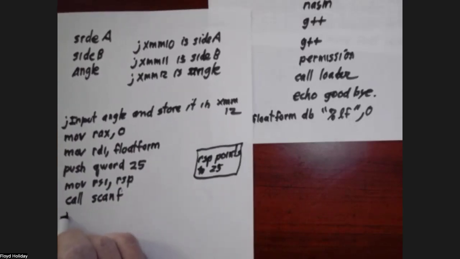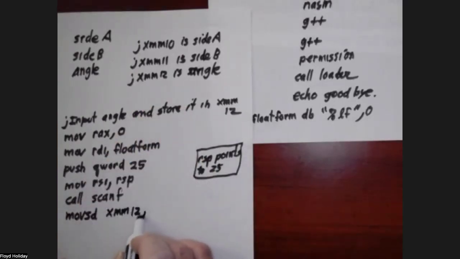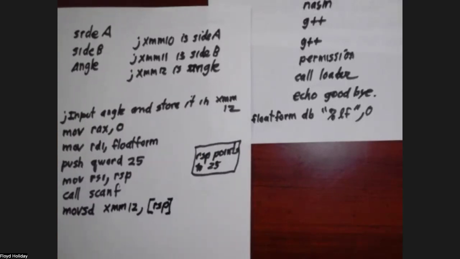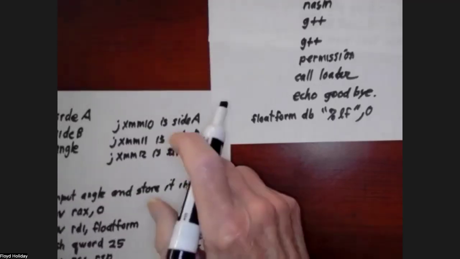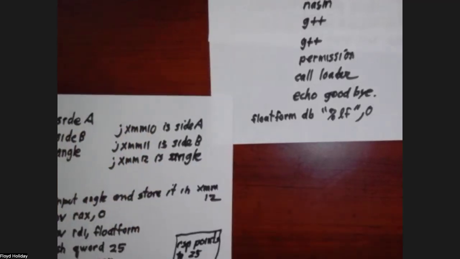So we finish this off with movsd XMM12. It copies the float number from the top of the stack over to the destination register that we always wanted. The angle would be in XMM12.